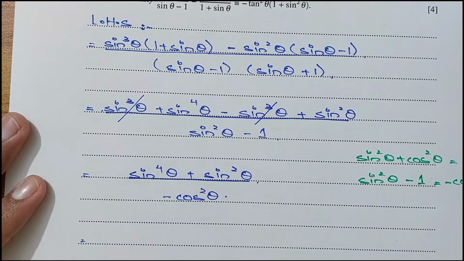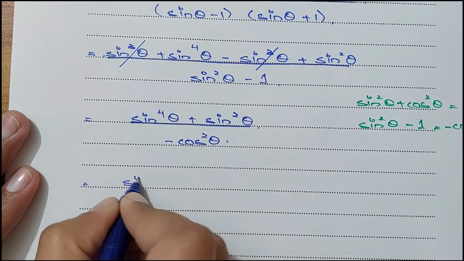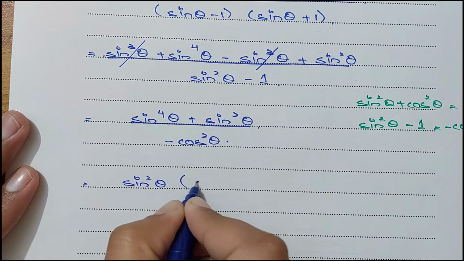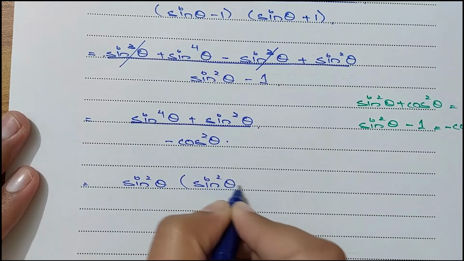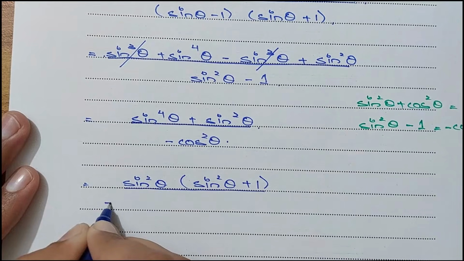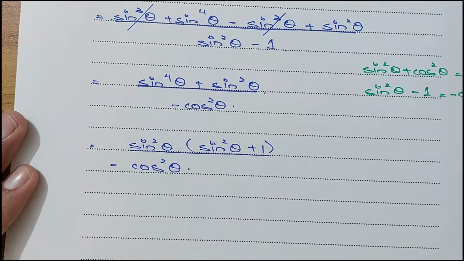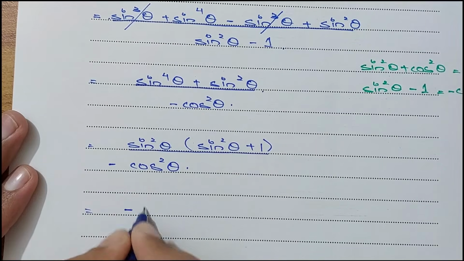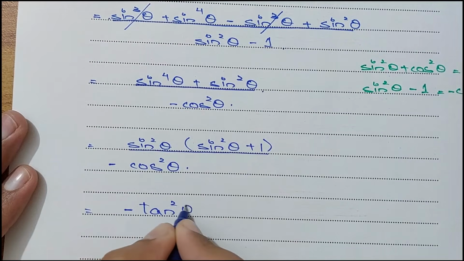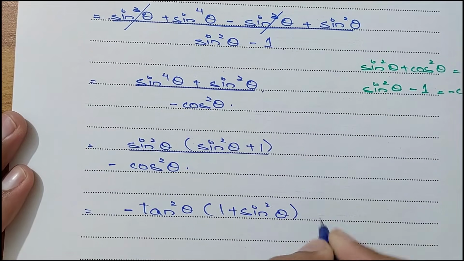Now in the next step, let me take sine squared theta common from the numerator. So we have sine squared theta common. We have sine squared theta plus 1 divided by minus cos squared theta, right? So sine over cos is tangent, minus tan squared theta into 1 plus sine squared theta. This is my right hand side.